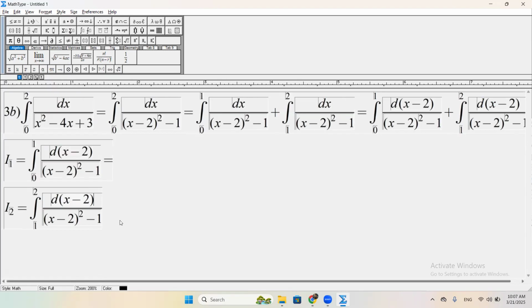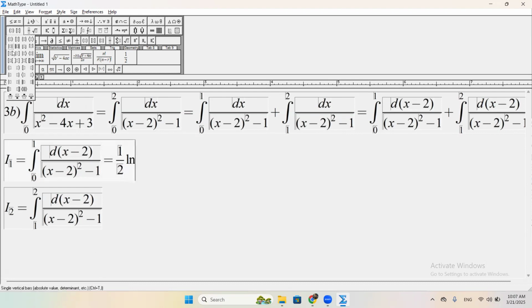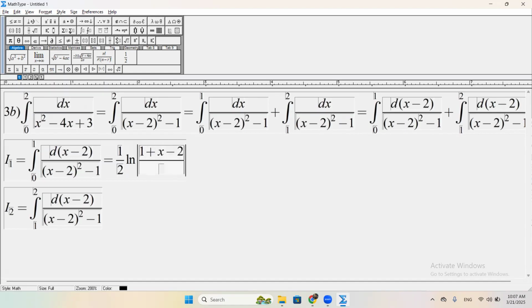So now doing the following, calculating this integral: 1 over 2 and logarithm of the module of 1 plus x minus 2 and 1 minus x plus 2, from 0 to 1.